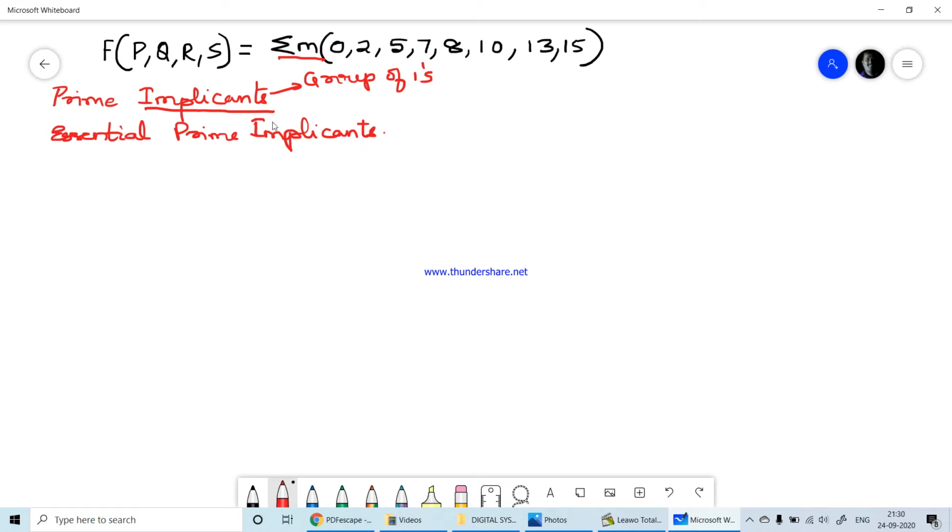Prime implicants are nothing but the largest groups of ones.